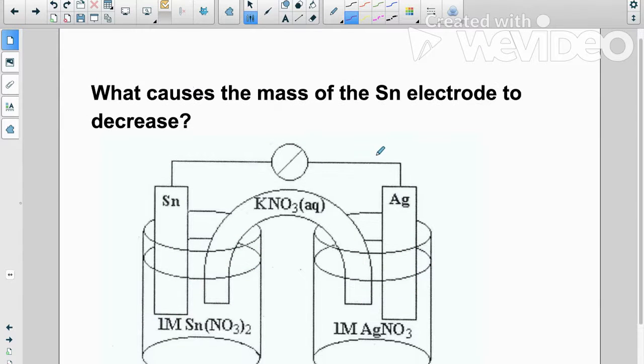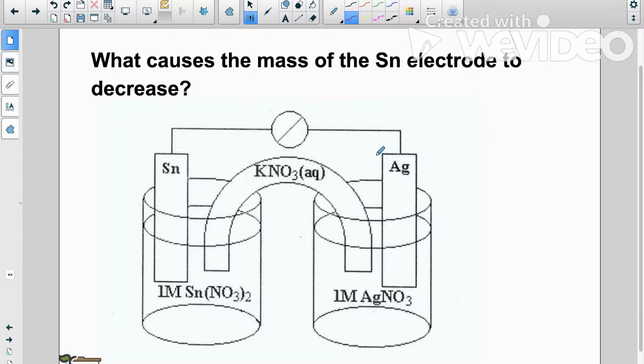All right, what causes the mass of the Sn, the tin electrode, to decrease? As we mentioned, again here it goes back to the half reactions. On the right-hand side where the cathode is, where the reduction is taking place, the silver is gaining mass because silver ions are turning into solid silver at the surface of this electrode.